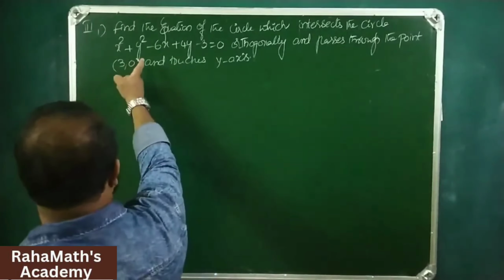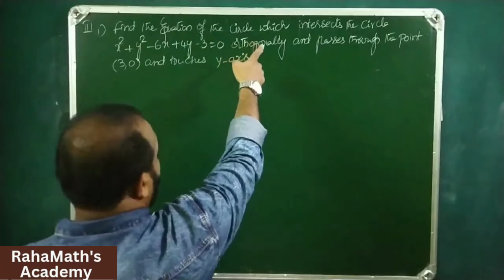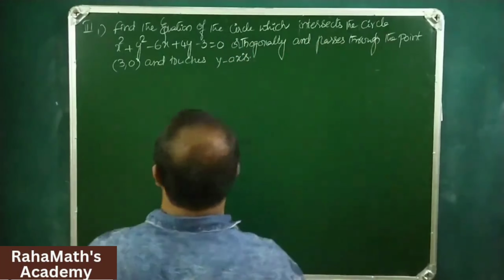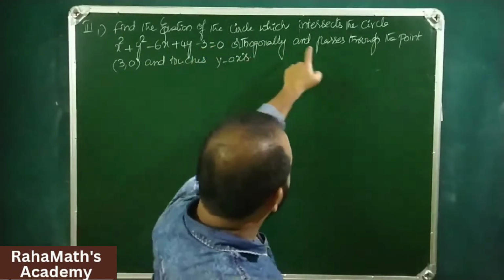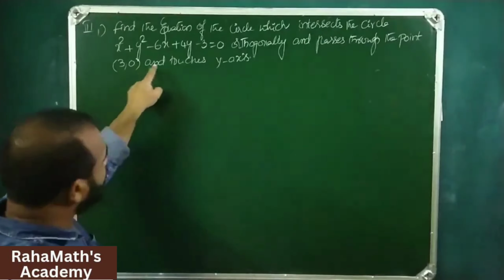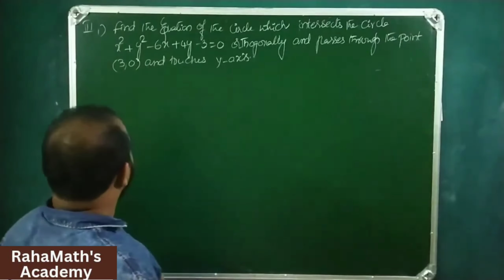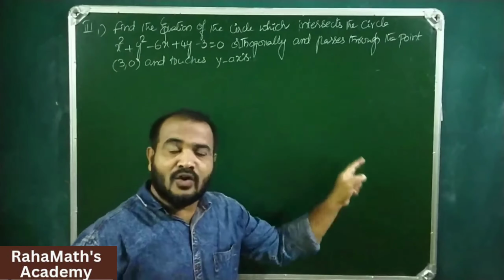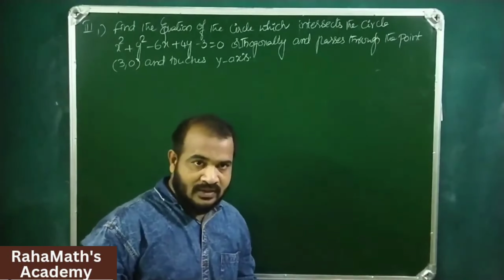The first problem is: find the equation of the circle which intersects the circle orthogonally and passes through the point (3, 0) and touches the y-axis. That means we need to find an equation of a circle.